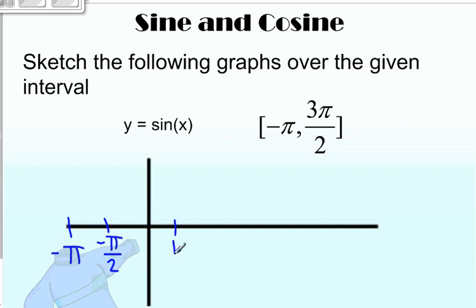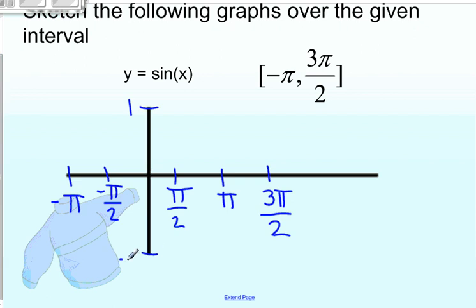And then we'll have pi over 2, and then we'll have pi, and then we'll have 3 pi over 2. I chose my increment based off of what they gave me there. And we go up to 1 and down to negative 1.